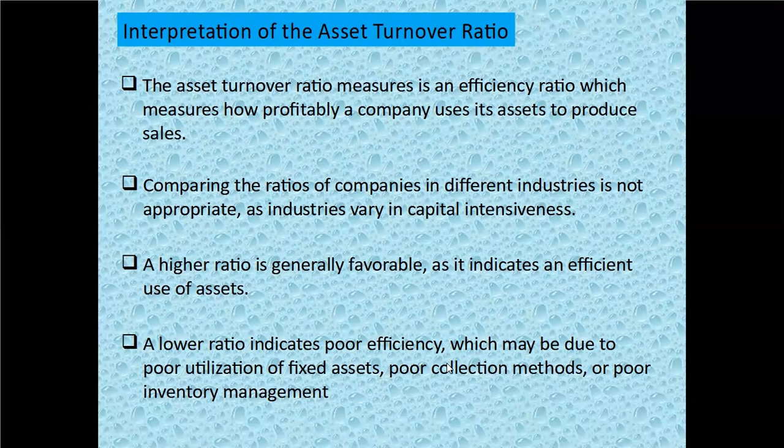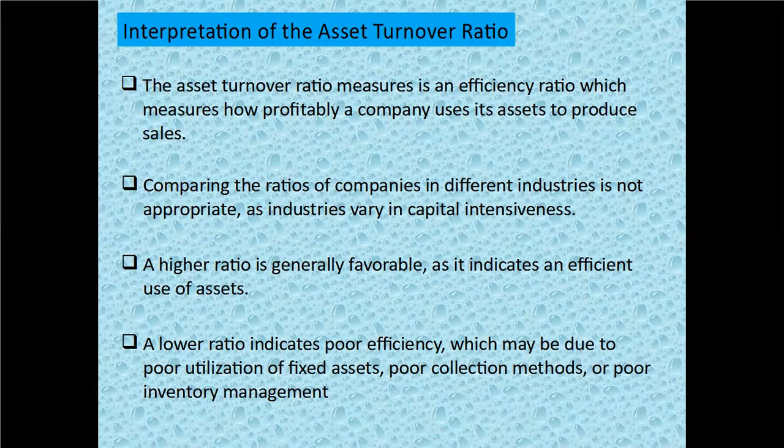How do we interpret it? Well, the asset turnover ratio measures the efficiency of the way the company is operating. So it's basically operational efficiency, but also in terms of profitability, not just purely from an operational point of view, but also from a profitability point of view. So it's about whether the company is able to generate enough sales given its assets.